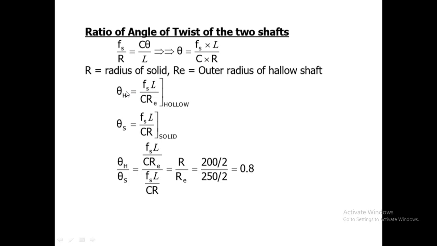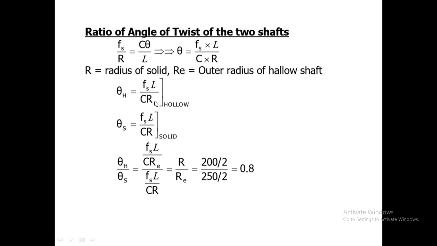First we take the hollow shaft, theta h. This formula becomes the shear stress of the hollow shaft, the length of the hollow shaft, and the rigidity modulus of the hollow shaft. Since the metal is the same, G for the hollow shaft and solid shaft will be the same, and R will be the radius of the solid shaft here.